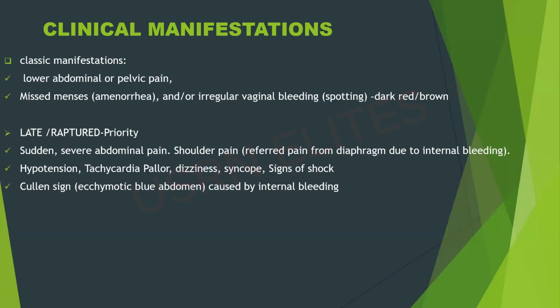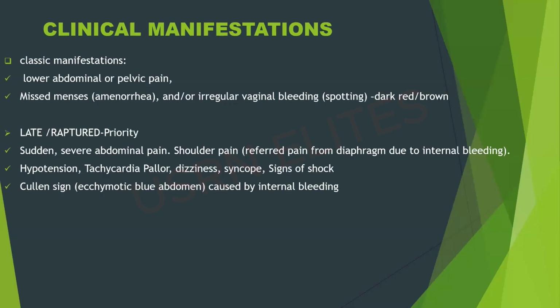And when we are having internal bleeding, note this. We have a sign called Cullen sign. That's the umbilicus. So when we have an ecchymotic blue abdomen, because when you are bleeding inside, you look at your abdomen, look around especially the umbilicus.